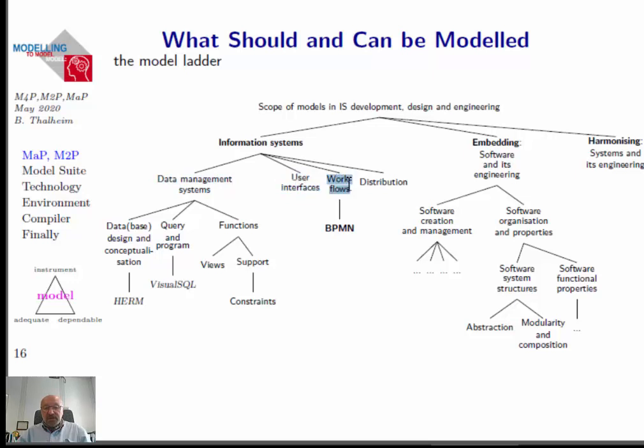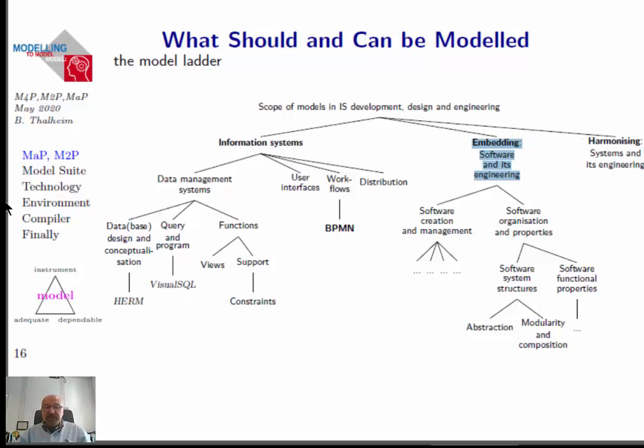We use representation by workflows. Think of what we did in chapter 2 of this course. And of course, we have to have some handling facility for distribution. Additionally, we need something for embedding software into its engineering and infrastructure, and for harmonizing.